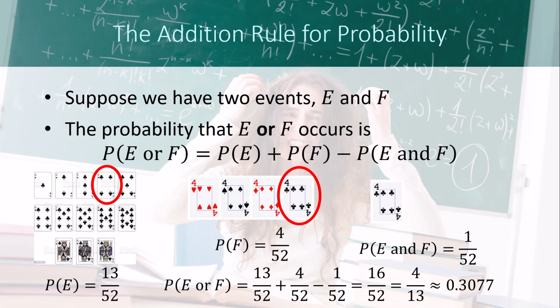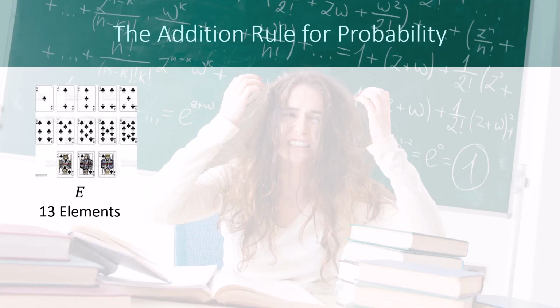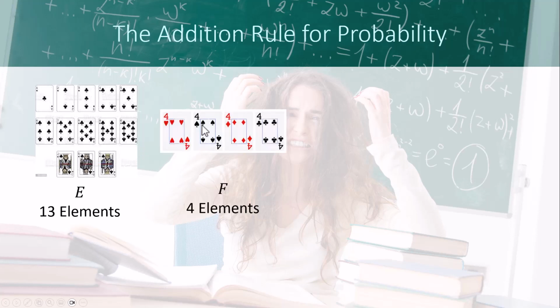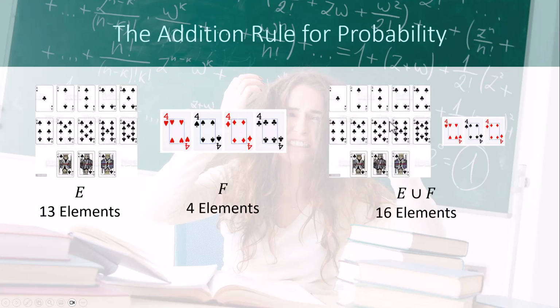Let's just take a look at what the union of E and F would look like. Remember the union is a set that contains all the elements in both sets. So here is E, which has 13 elements. Here is F. It has 4 elements, and of course they both have a 4 of clubs. So when we compute the union, we don't write that down twice.